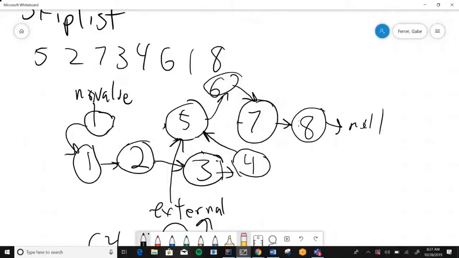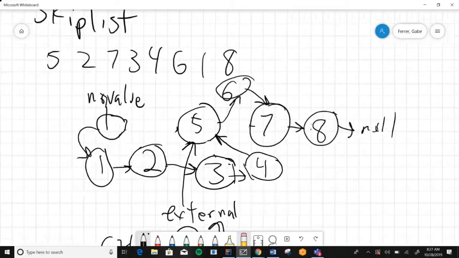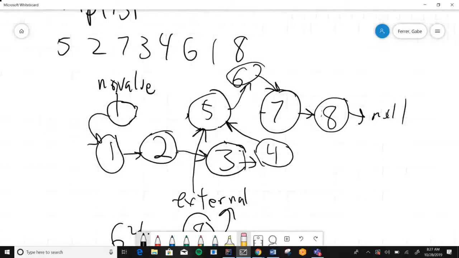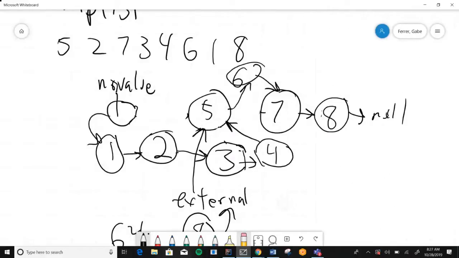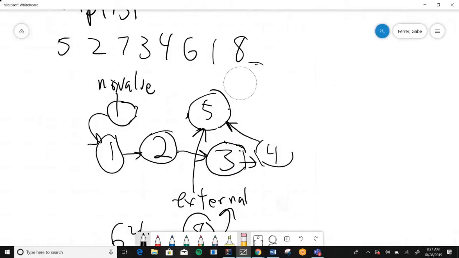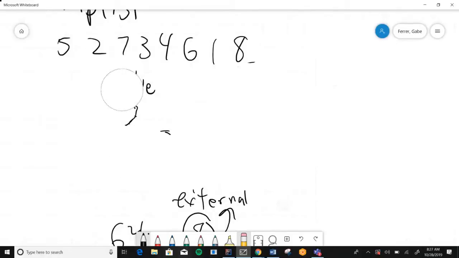And we'll see how it looks. So, you know what, I'm going to just go ahead and erase this mess, and then we'll put our skip list in place. Something like that. Okay.